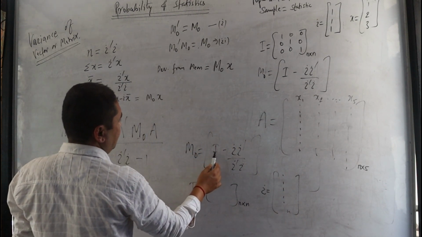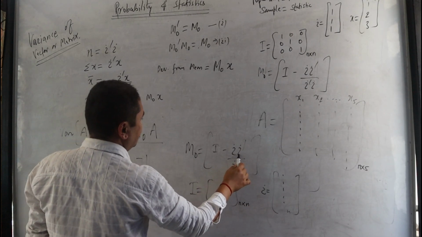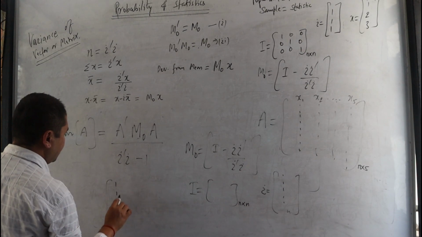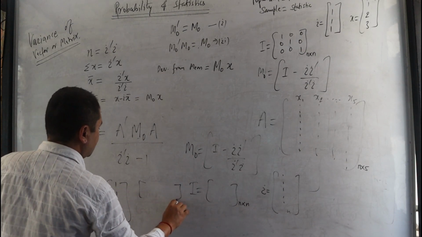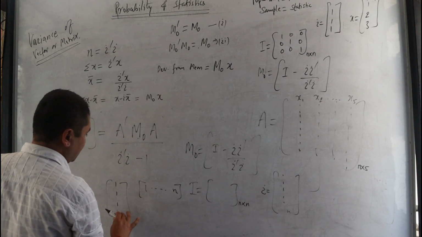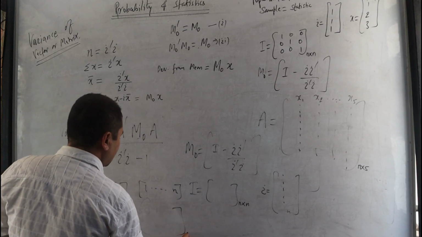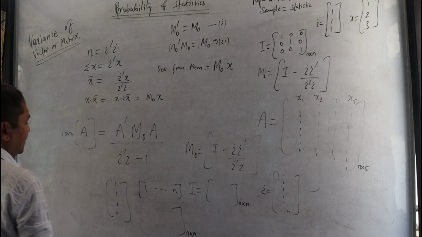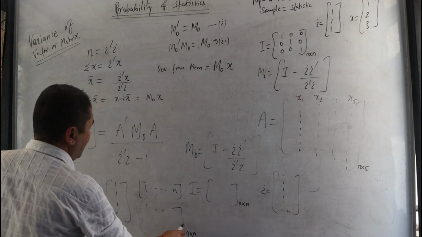Then we write I minus i transpose. So how do we calculate i transpose? We simply take up to n observations and its transpose up to n observations, and if we multiply it, we also get an n into n matrix. Basically, this all contains 1, 1, 1 as its elements.